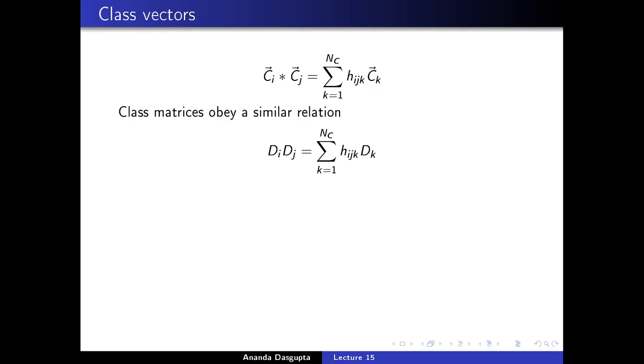You are going to get Di Dj, the product of class matrices, is going to be simply the sum over all k of h_ijk Dk, with the same coefficients h_ijk which came from class vector multiplications. Note that the class vector multiplication can be figured out just by looking at the basic properties of the group itself. You don't need representation theory for that.